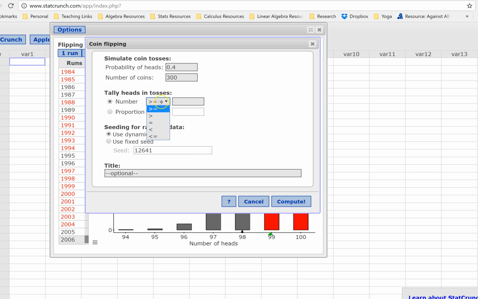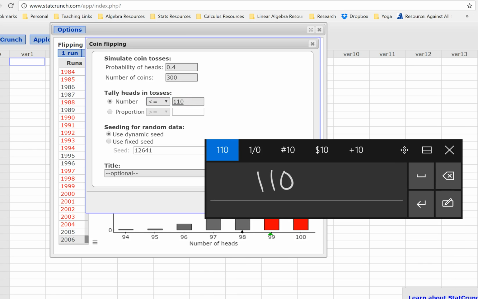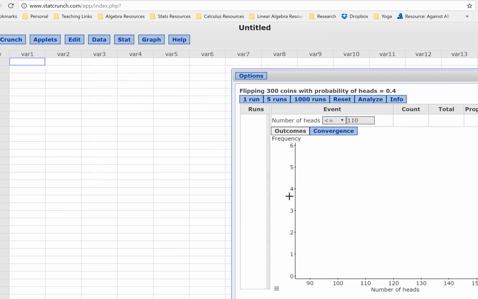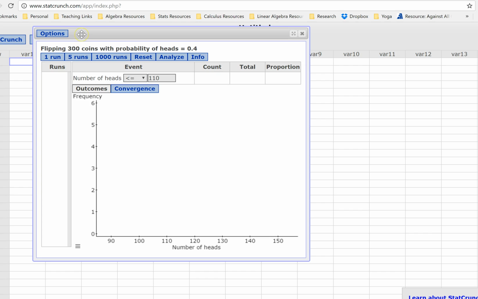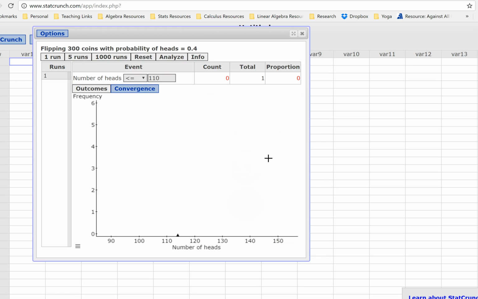We wanted to know the probability we get a number that is less than or equal to 110. Let's see what this looks like. So we're flipping 300 coins, which are people, with a probability of heads, or being Hispanic, of 0.4. If we did this one time, we get out 114. We expected around 120, so reasonable.